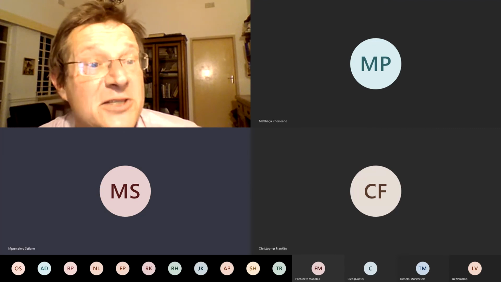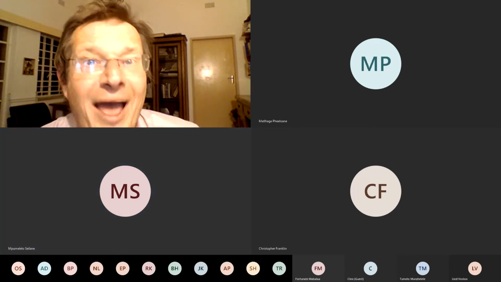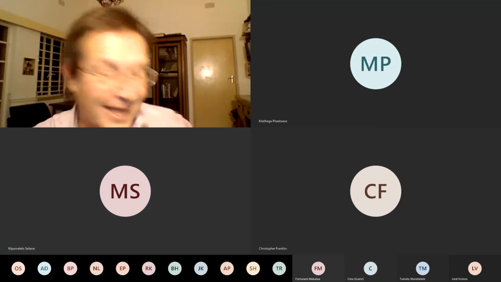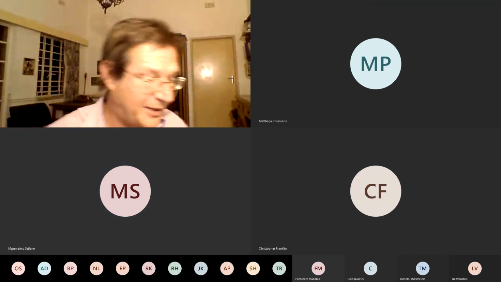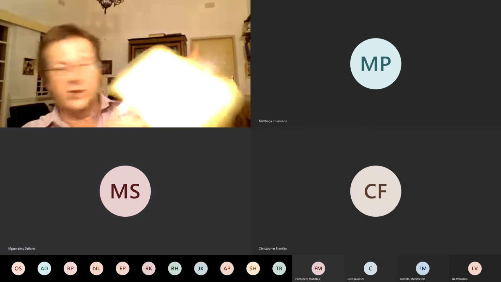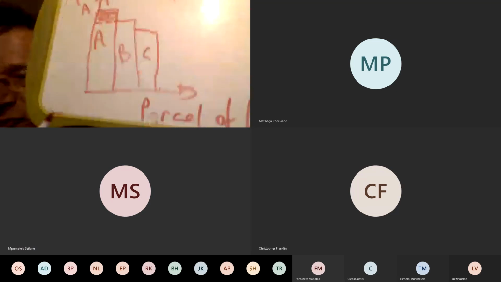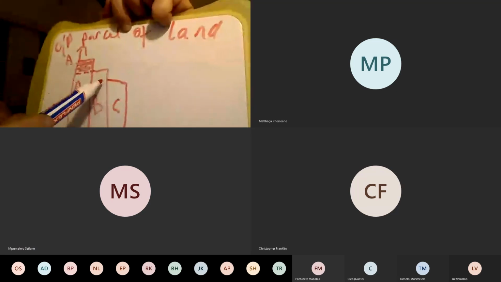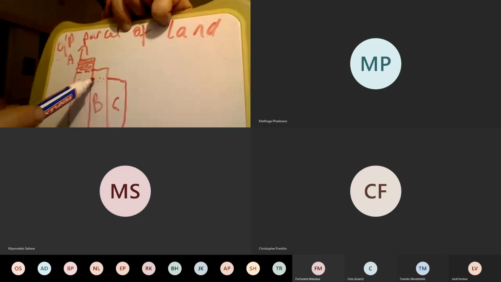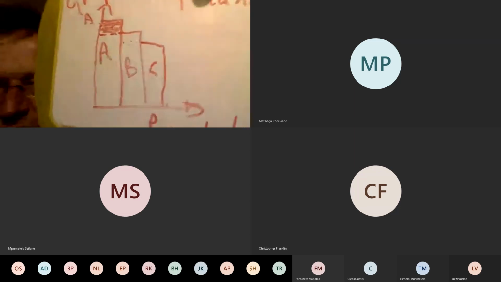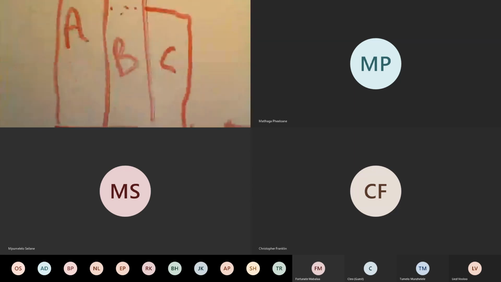That's right. Again, he would go and offer rent for land B, and the rent that he's willing to pay is given by the difference in the output produced. Can you see that there?